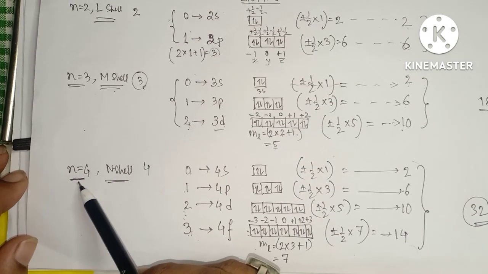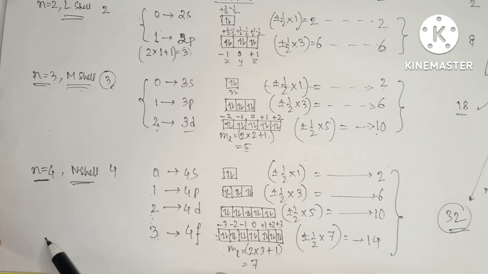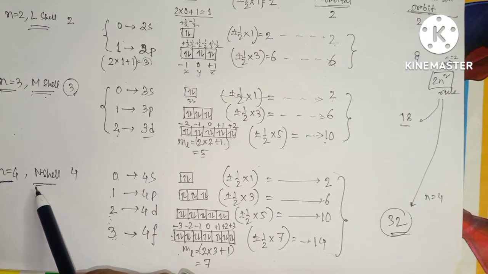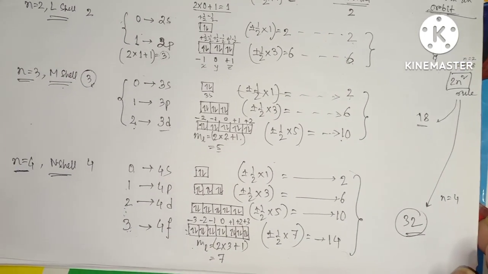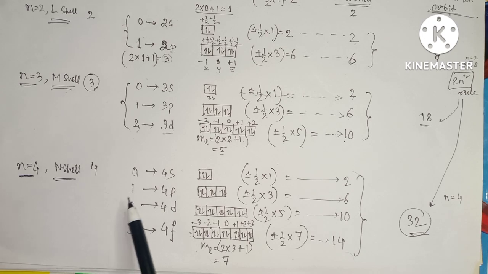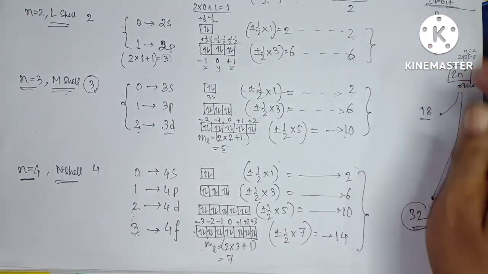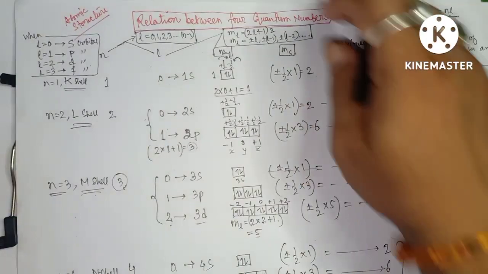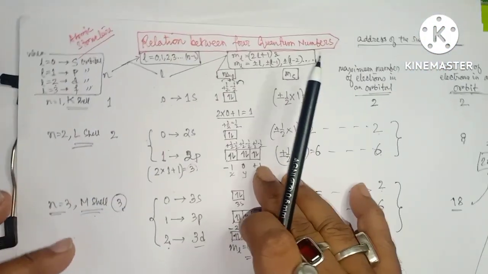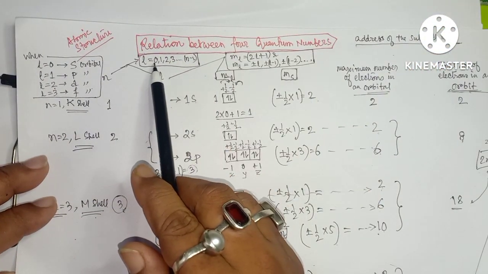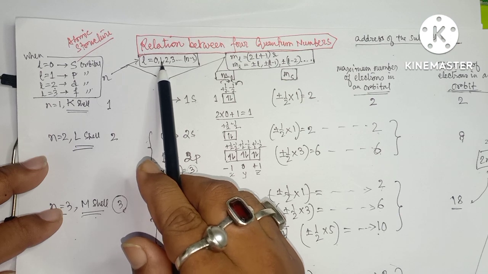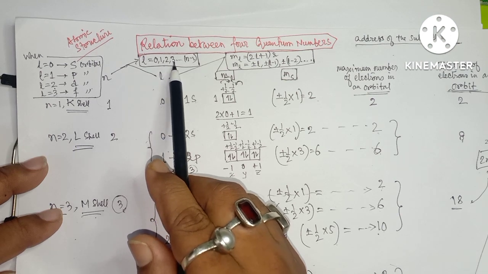Okay guys, next we will go for the fourth orbit, that is the n shell. For the n shell, we will get the values of L like before. L starts from 0, then 1, then 2, then 3.